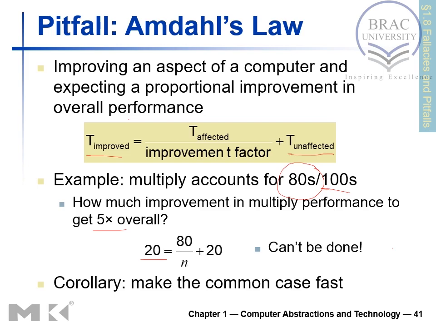So this is our 80 seconds, and n will decide what improvement we need to do. And then we have 20. As you know, the unaffected 20 seconds remain, so we cannot achieve that performance. That means with the current setup, we cannot achieve a 5 times increase in the overall performance.